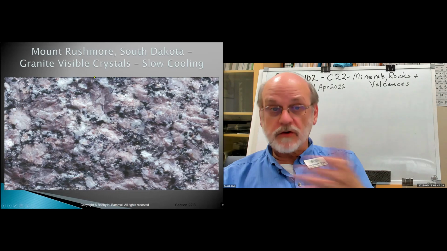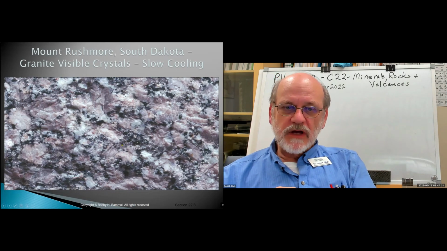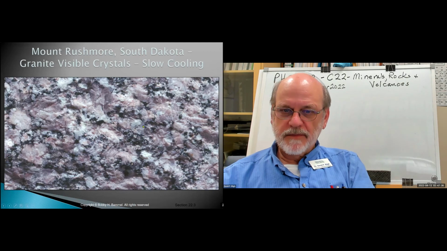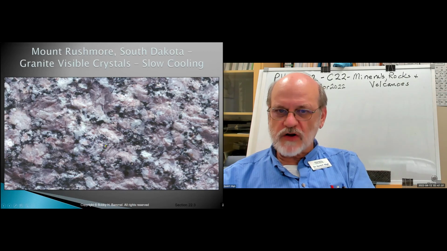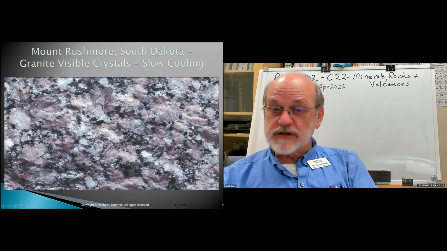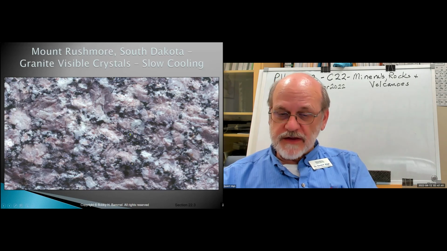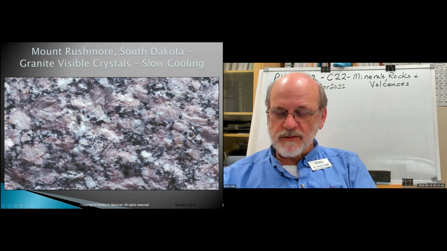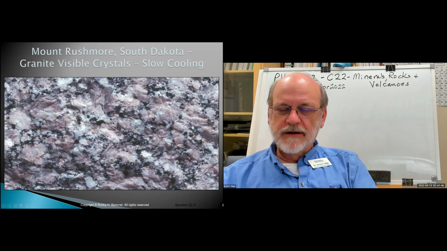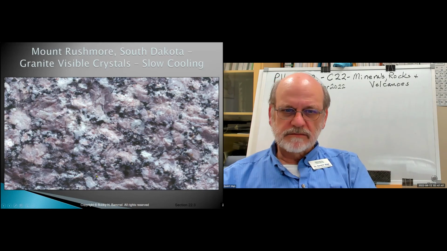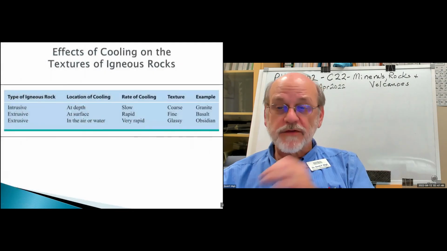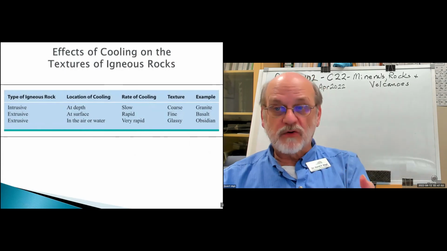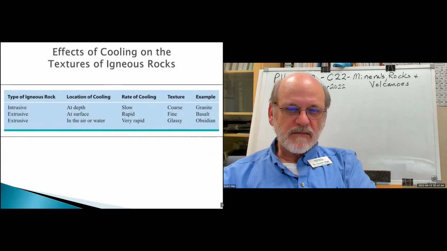Oh, here they go. They're going to show us. This is a surface of granite from Mount Rushmore. It shows small crystal structure. And you have different minerals too. You can see these darker minerals and the lighter minerals, lots of different colors. So we know that there's more than one mineral in there.